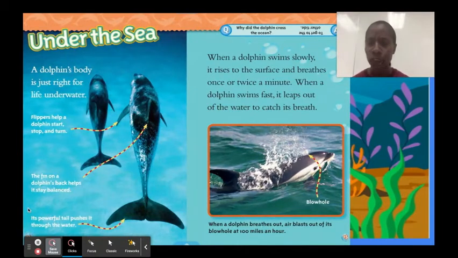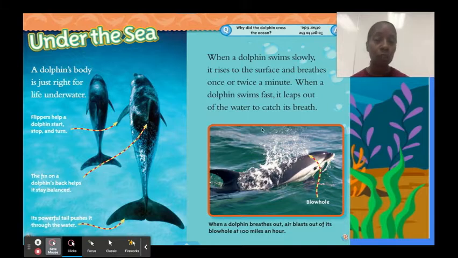Its powerful tail pushes it through the water. So it's showing us exactly where the tail is. So here in this caption and labels, it tells us about the flipper, it tells us about the fin, and it tells us about the powerful, powerful tail.